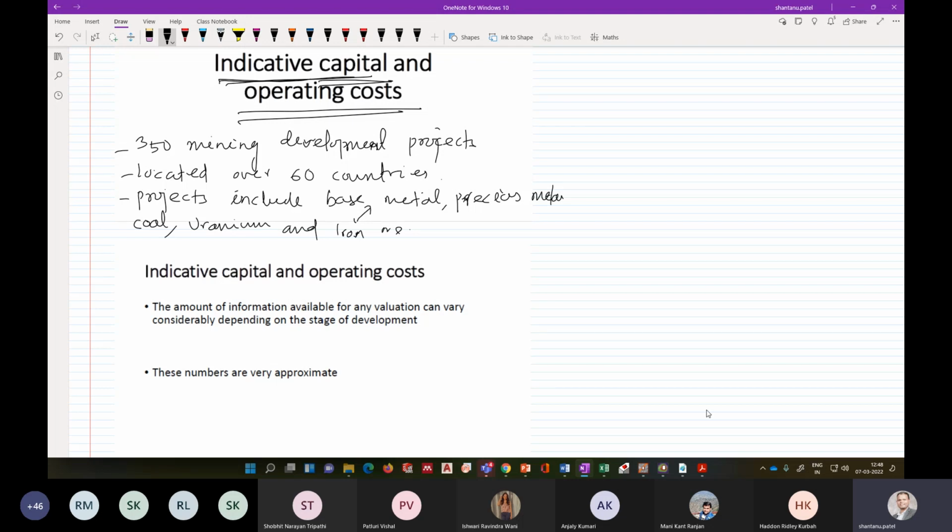So when we try to put this indicative capital and operating cost, it depends at what stage of development we are in and what information we have. So it may change, right? It's not an absolute value, and these values are very approximate.